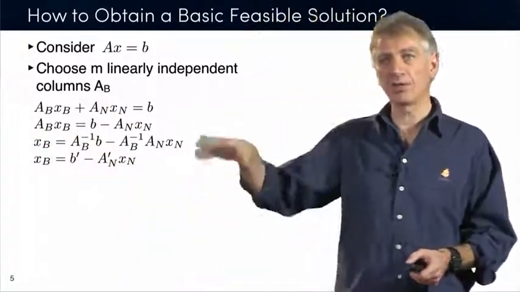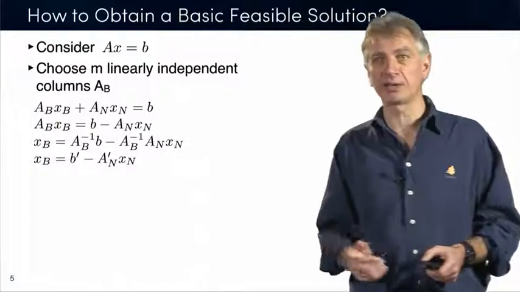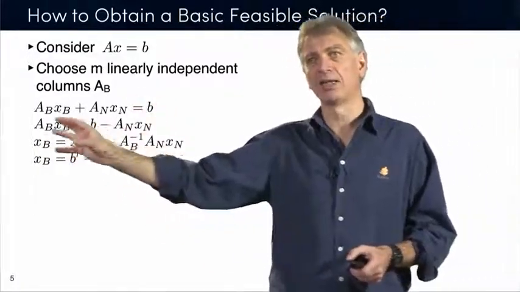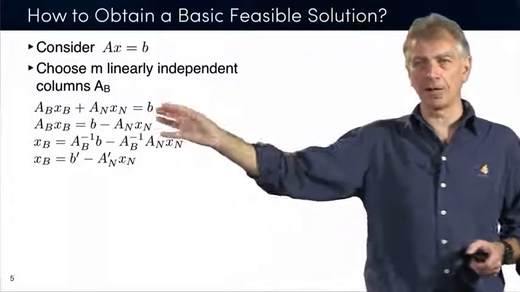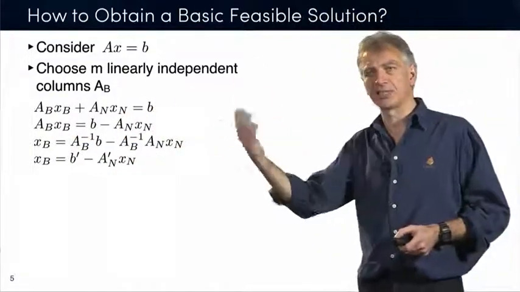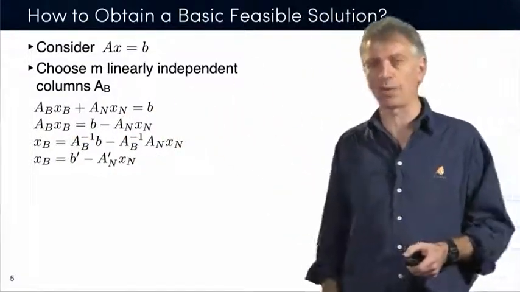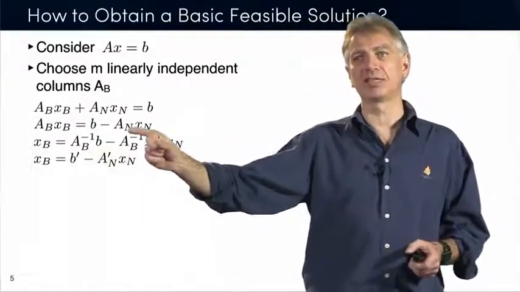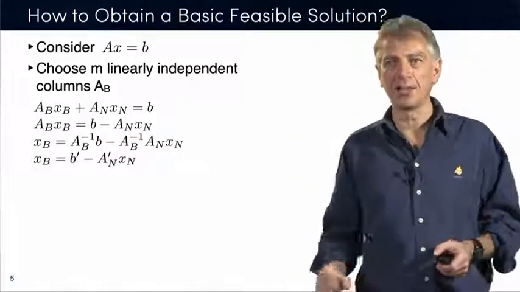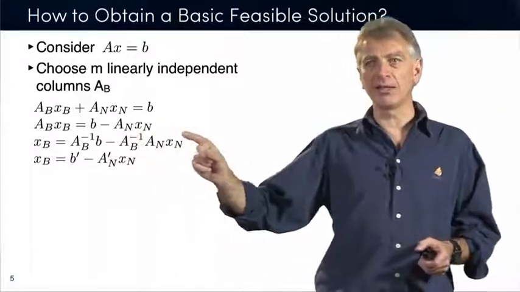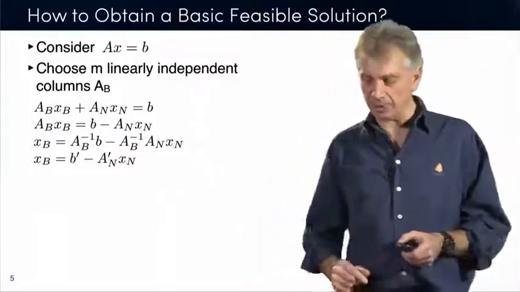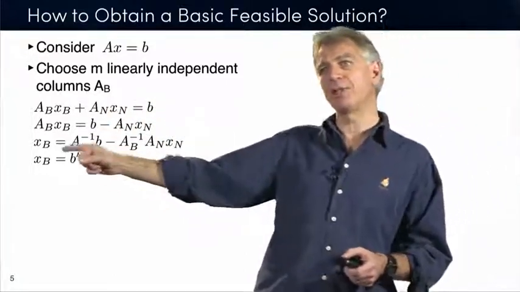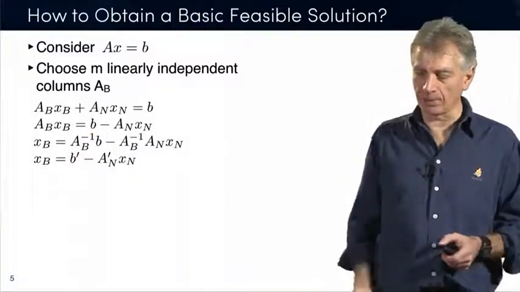If it's not the nice unit diagonal matrix, I have to get rid of it. So I compute the inverse and multiply the inverse by the matrix itself, which gives the diagonal matrix that I wanted. On the right-hand side, you see the inverse of the basis, AB minus 1 times b, and then AB minus 1 times AN times xN. This gives you the expression of the basic variables in terms of the non-basic variables.